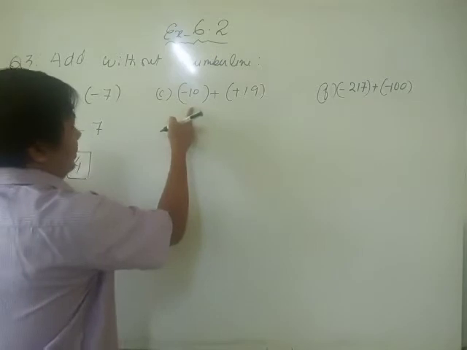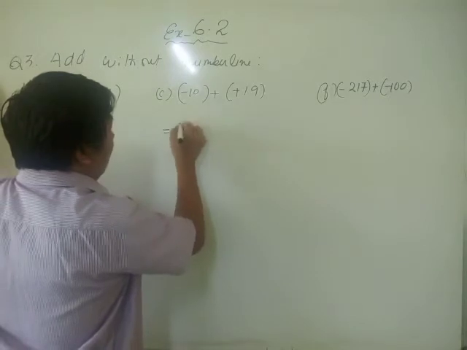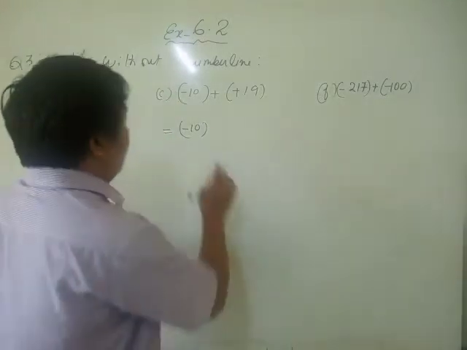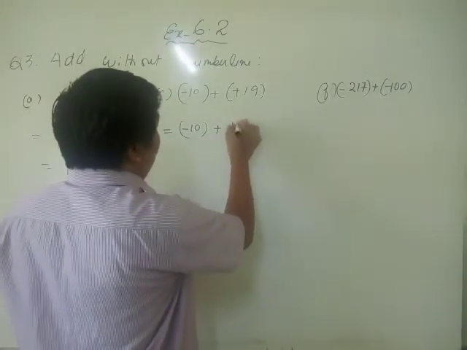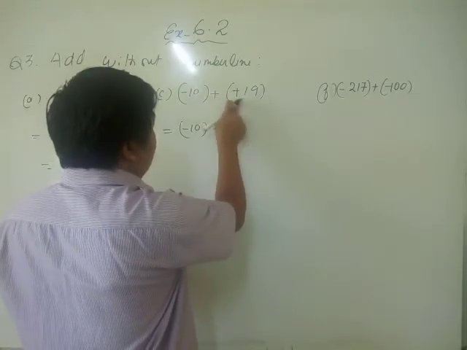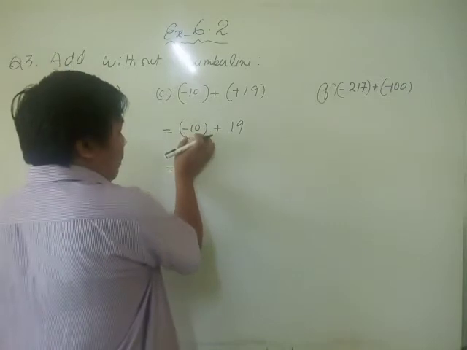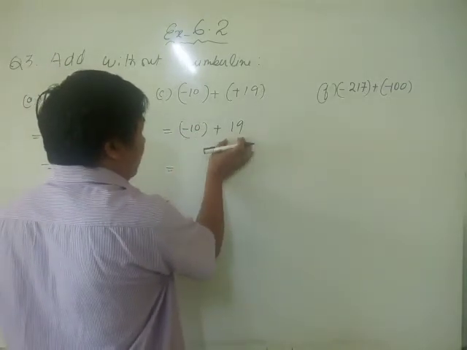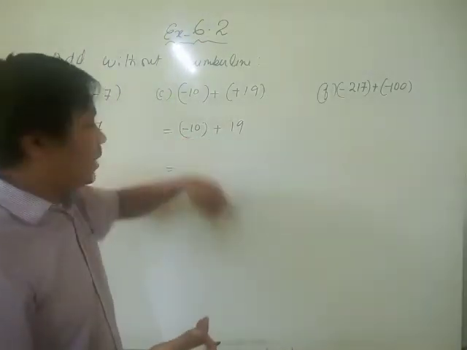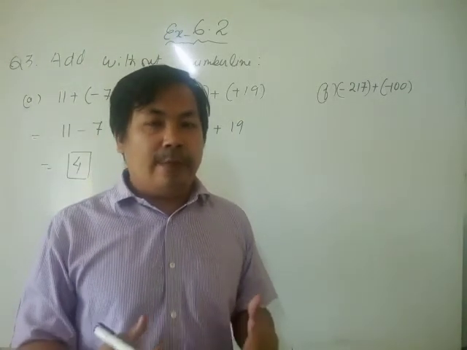Then next, minus 10 and plus 19. If the plus signs are the same, outside the plus and inside the plus, then we need to take only plus. But here you see different integers: minus 10 and plus 19. When the signs of the numbers are different, we have to subtract.